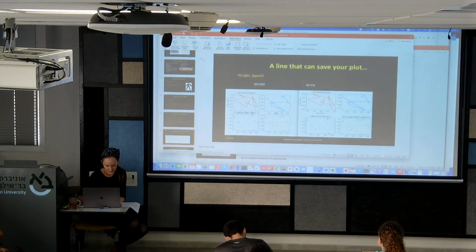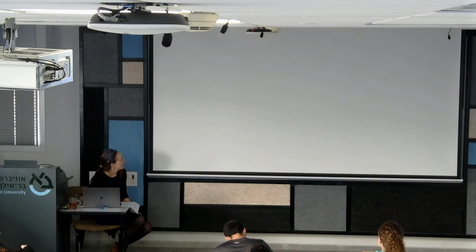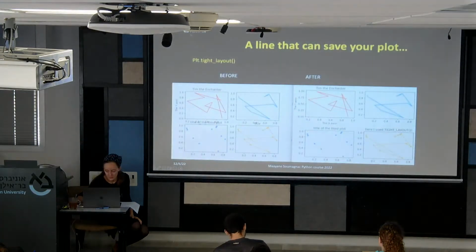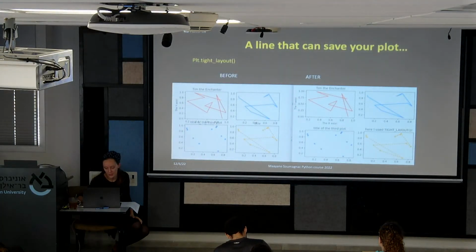This was just to introduce tight layout to you and encourage you to use it. It is a line that can save your plot, and you can publish it, and you don't have to spend the day playing with the stuff yourself.